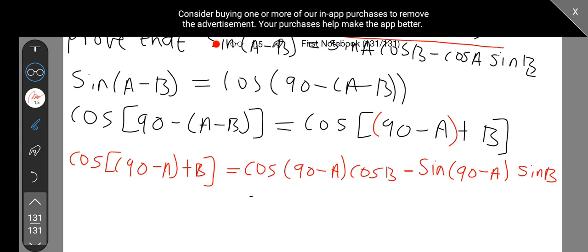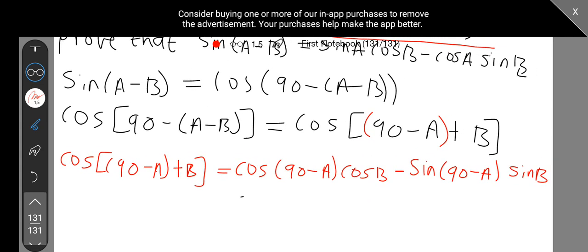Then let's see, what did we say about the left side? We said it's equal to sin(A − B). So where we see it, we can replace it with sin(A − B). So you are going to have sin(A − B) equal to, what is cos(90 − A)? It's a cofunction, remember?